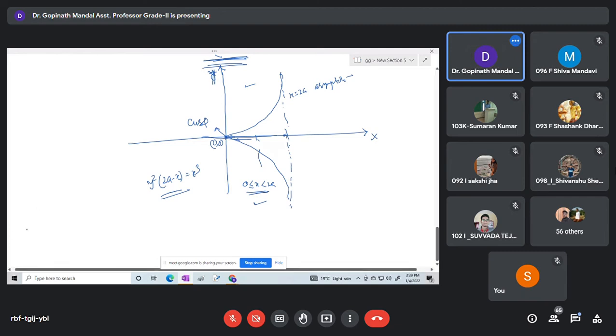Then second example, example 2. Trace the curve y square (a plus x) equal to x square (a minus x).